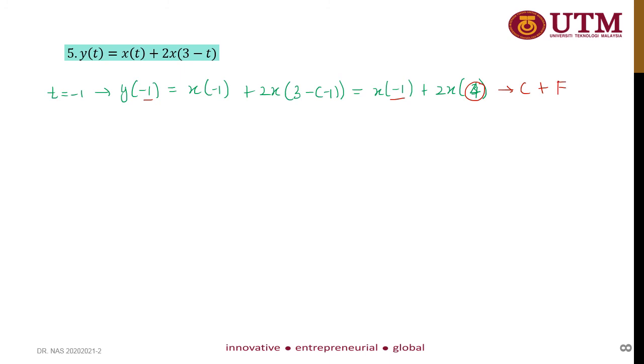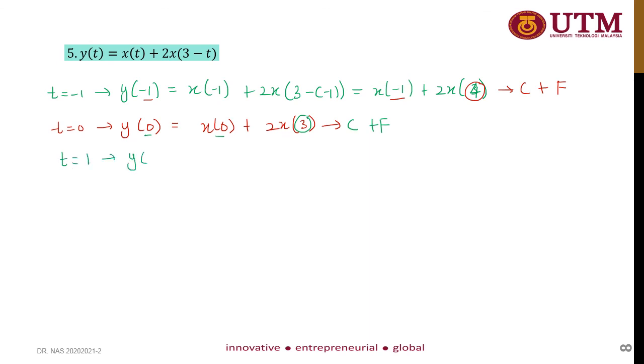Okay, let's try t equal to 0. y(0) equal to x(0) plus 2x(3 minus 0), which is 3. Let's check the states. The current state is 0, so here you have current state plus 3, again another future value. Okay, let's try the third, t equal to 1.